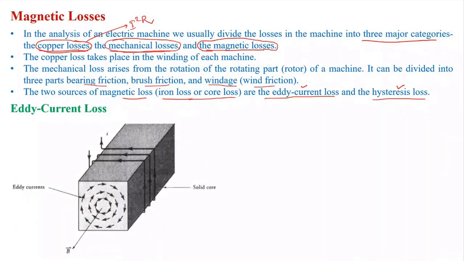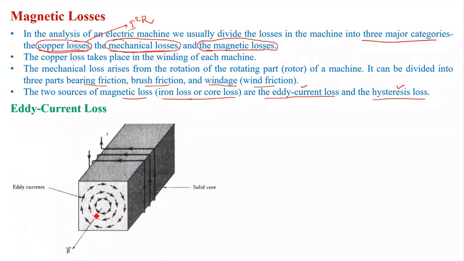So what is eddy current loss? This magnetic material is also a conductor. Whenever we inject current around this coil, as you see in this picture, suppose this current is alternating, then the flux produced inside the core will also be alternating.